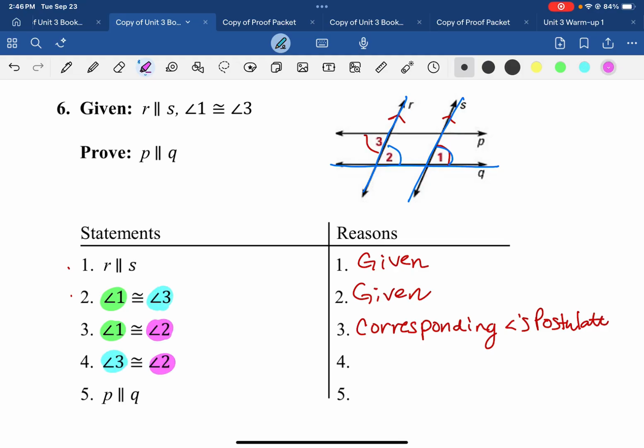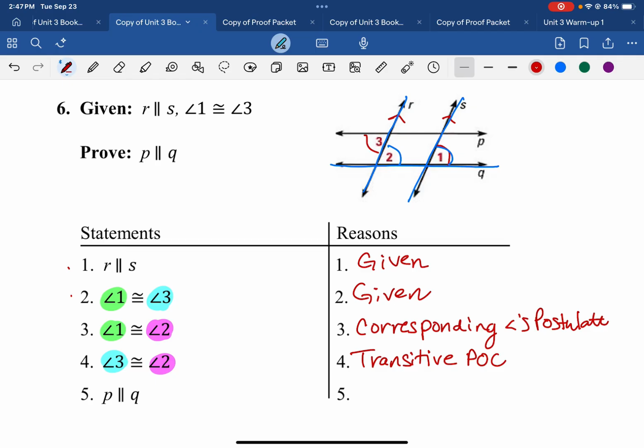Okay, does everybody see that angle 3 is congruent to angle 1 and angle 2 is congruent to angle 1? So angle 3 and angle 2 are congruent. That's our favorite thing, transitive POC, because we have the congruent symbols.